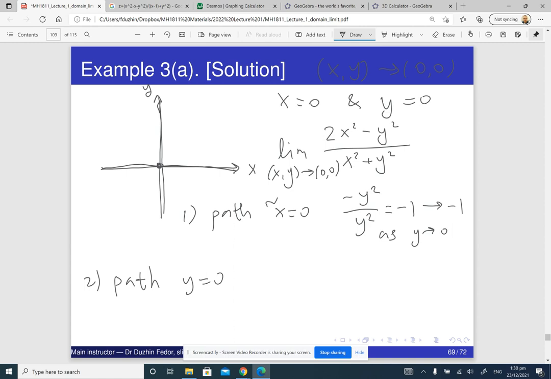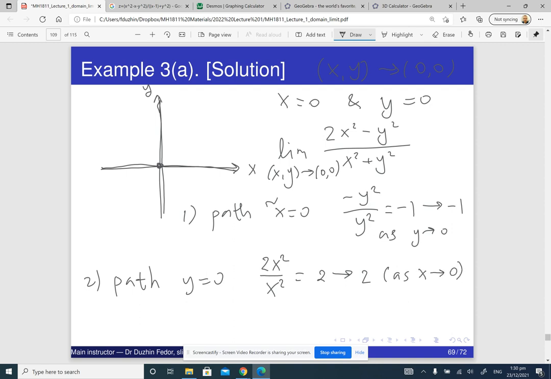So what is the limit along the path y equals 0? When y equals 0, essentially it means that we substitute 0 for y, and the remaining part is 2x squared over x squared, which is 2. And of course it approaches 2 as x goes to 0, right?